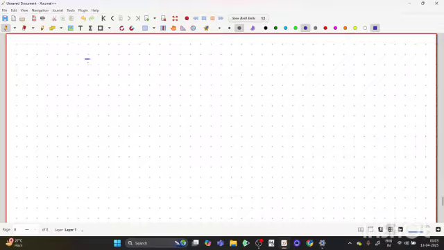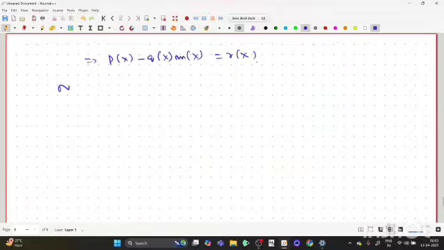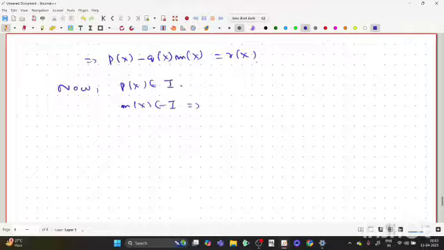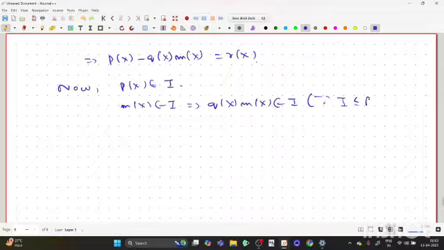So this implies that p(x) minus q(x) times m(x) equals r(x). Now observe that p(x) is an element of I by assumption, m(x) is an element of I by assumption, and q(x) is an arbitrary element of F[x].